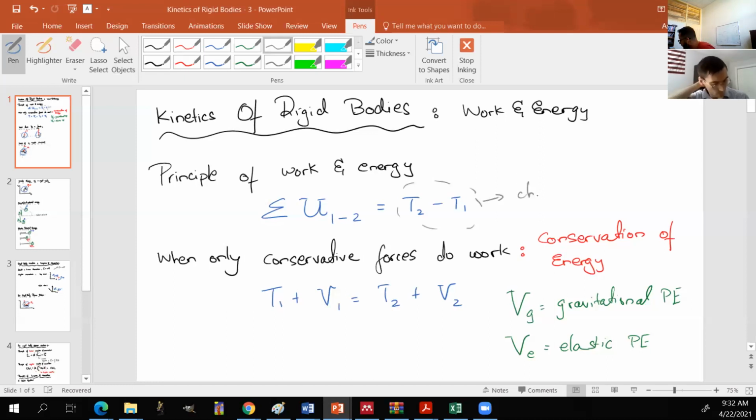So this is the change in kinetic energy of the system, right? And we go back to using the same shorthands. KE is kinetic energy, PE is potential energy, and here, that is the total work done by external forces.